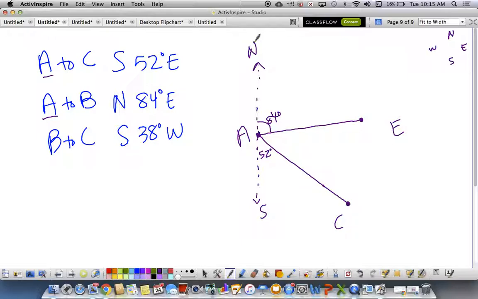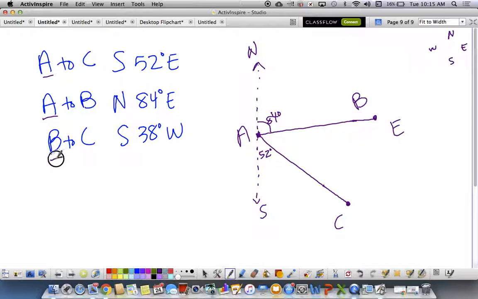So from point A, we're going 84 degrees east. That's going to be B. Now the issue is why I didn't want to go ahead and mark a C, because B to C is a little bit farther. Maybe I'll just move B, because I don't know how far it is right now.